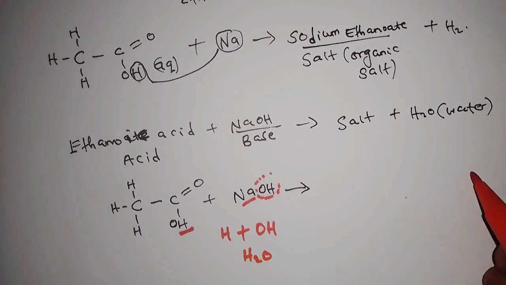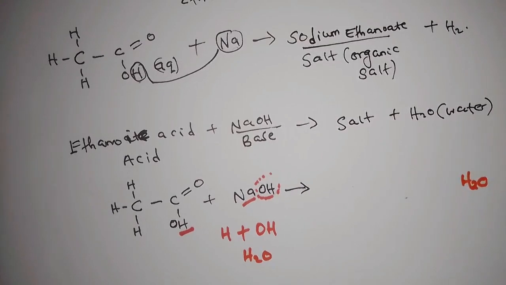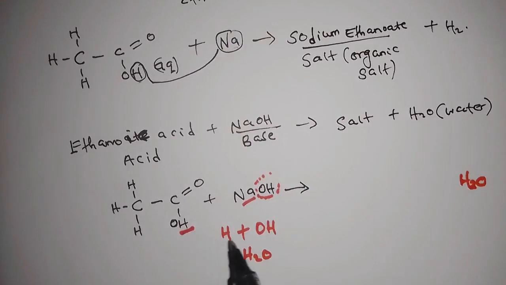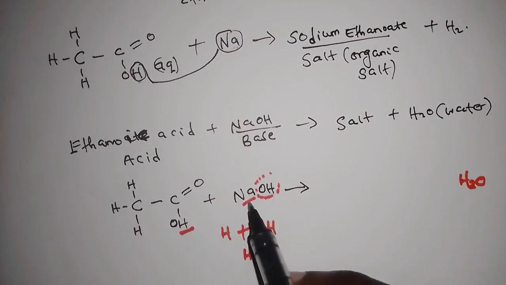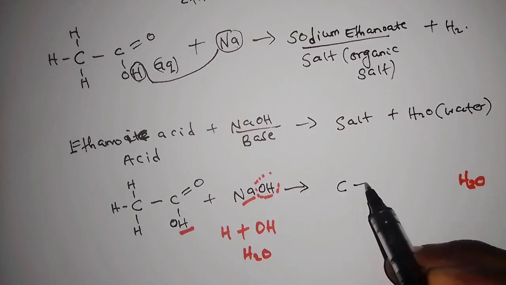So we are going to have something like H2O. Now, once you have H2O, then this hydrogen is going to be replaced with sodium. So what you're going to have is this.